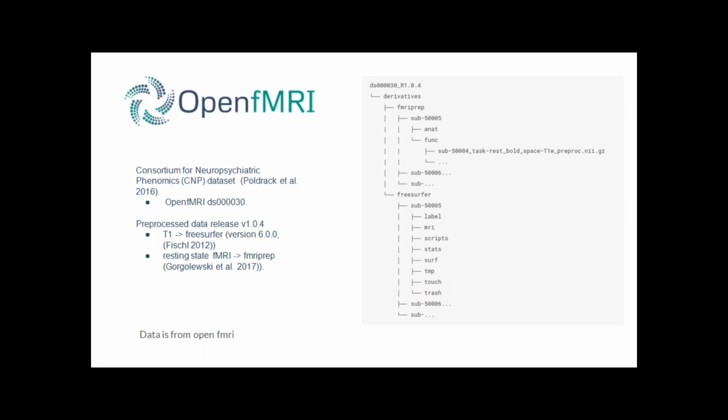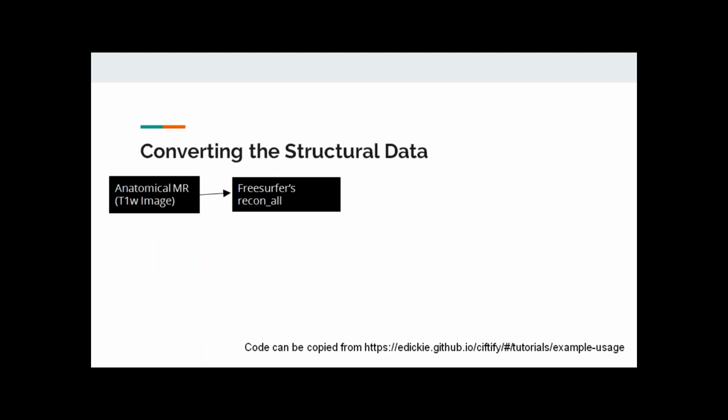The example that I'm going to work with today is actually data that I downloaded from the open dataset of the Consortium for Neuropsychiatric Genetics.